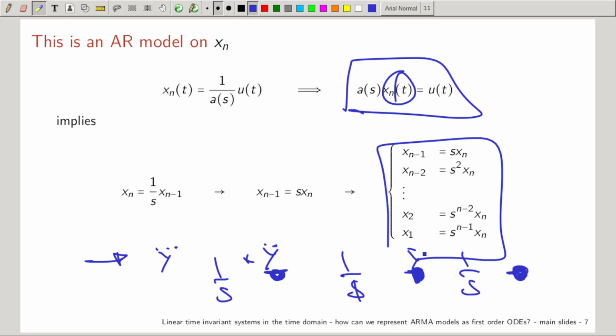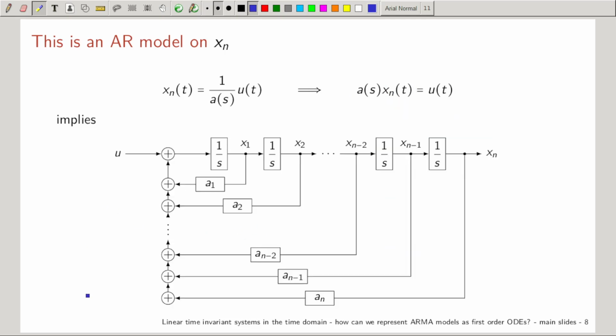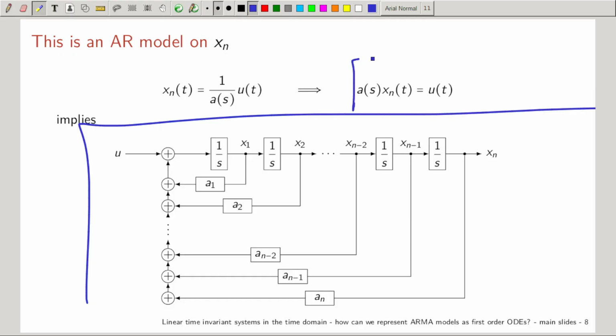Okay? That means this. Whenever I rewrite this stuff here, I'm writing this. Look at this plot. Tell me if you agree with me. Okay?